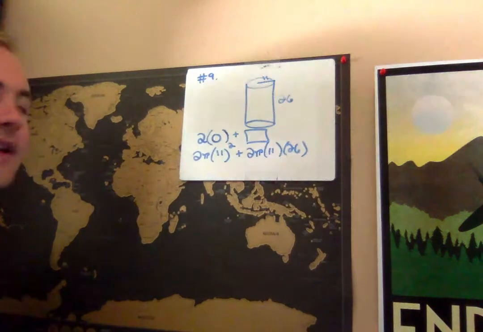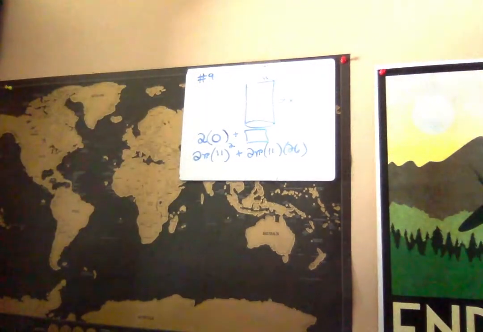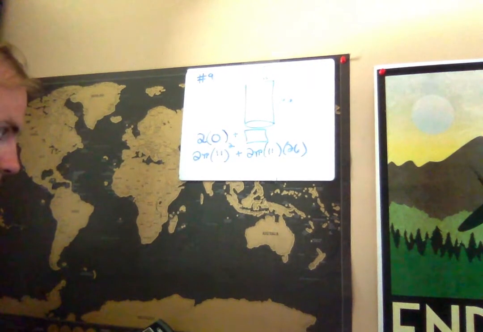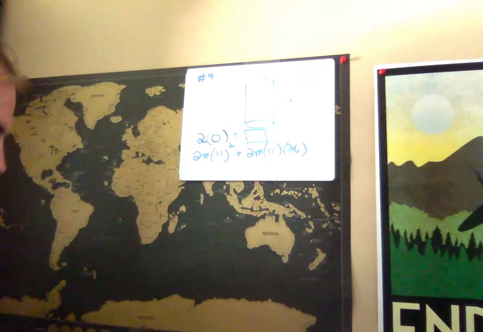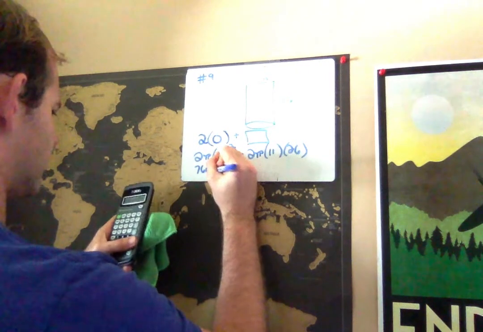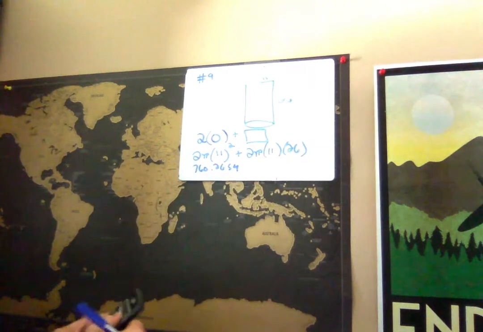So now all I gotta do is a little tiny bit of math. Let's take out my handy dandy calculator and work this out. Okay, so this right over here is 760.2654. 4 decimals should do it, right?